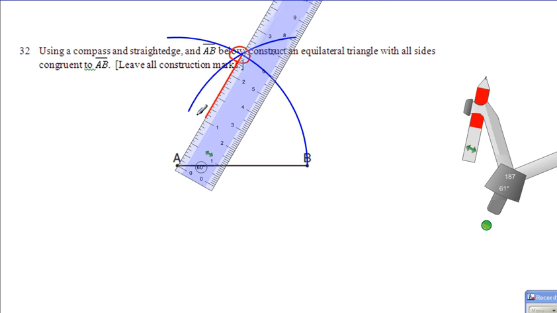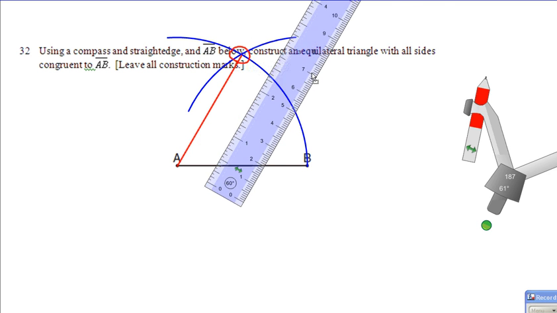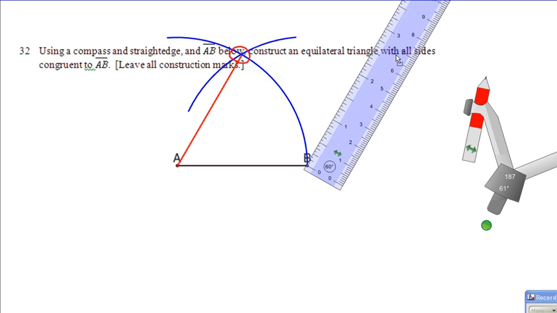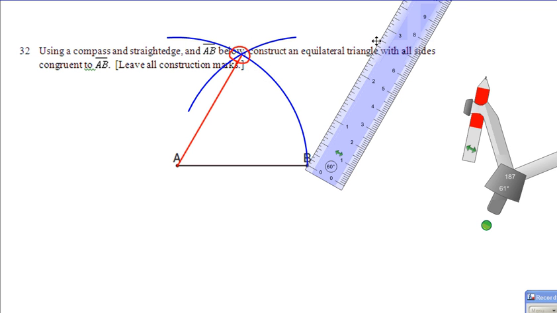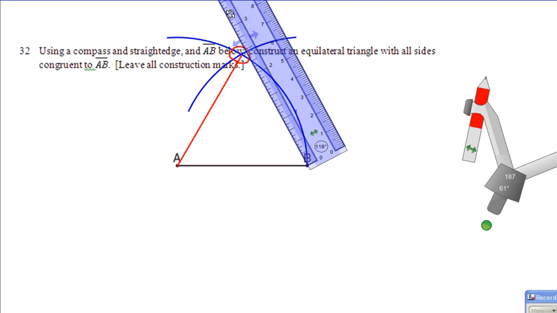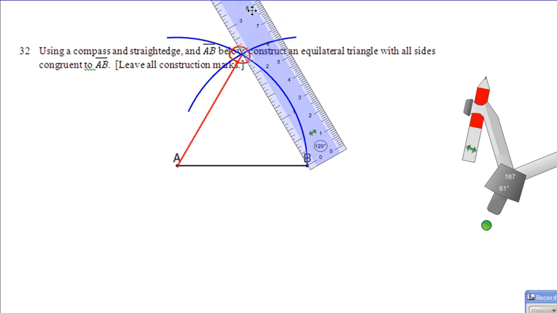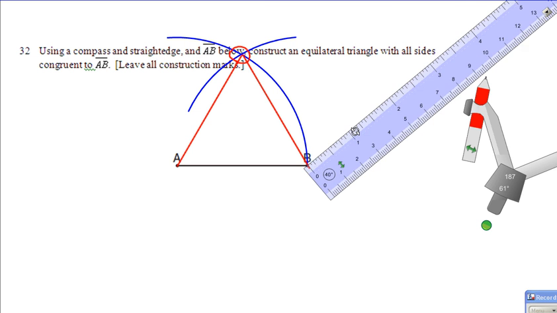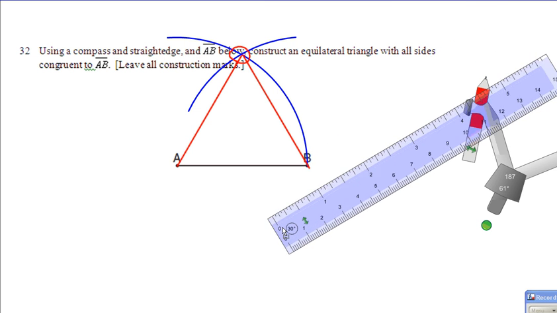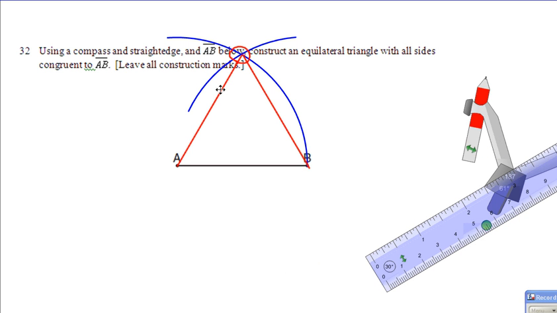So if I have a marker, okay, and then connect it this way. Okay, there it goes. So with that, we constructed the equilateral triangle with line segment AB.